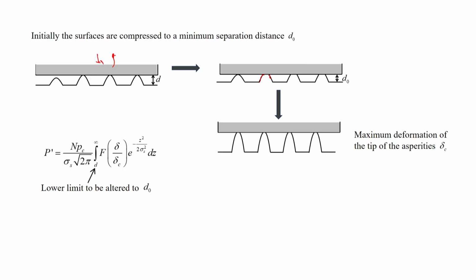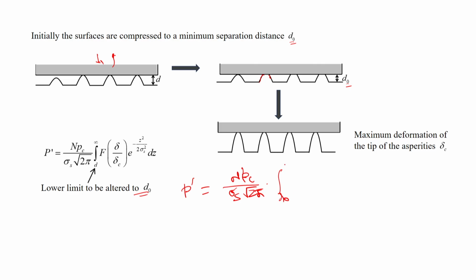But let us say you apply some more load and then bring it in contact; more asperities come in contact. Let us say the height now decreases to d0. Since it is d0, the lower limit has to be altered to d0. So what we will do here is p dash is equal to n Pc sigma s square root of 2 pi, and instead of d I will have d0 here.